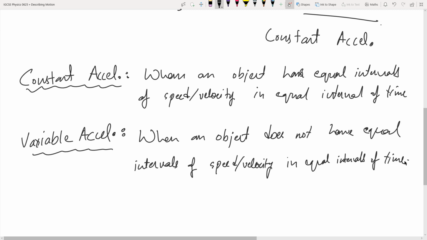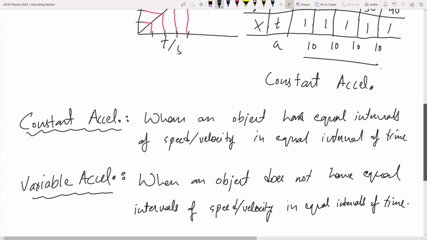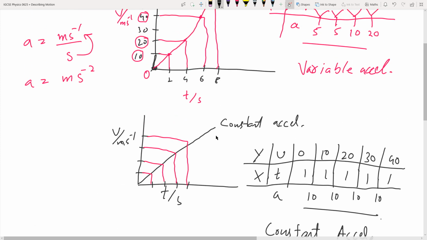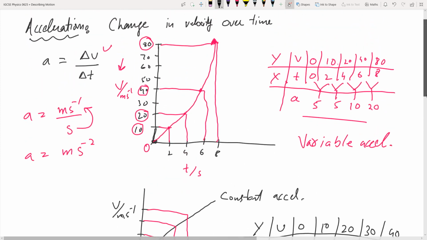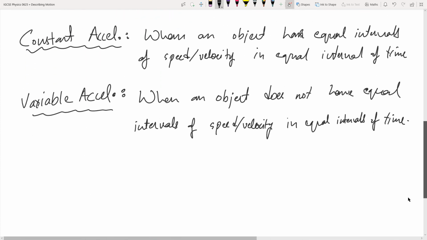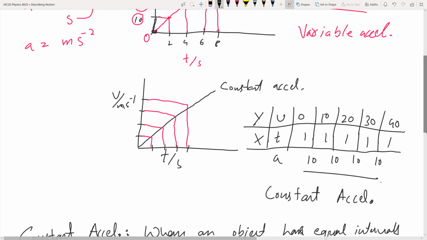So when we do this, these are two different, and over here we can see from the graph that it's a straight line, and here it's a curved line. Then there are different types of speed time graphs. We will discuss that in a moment.